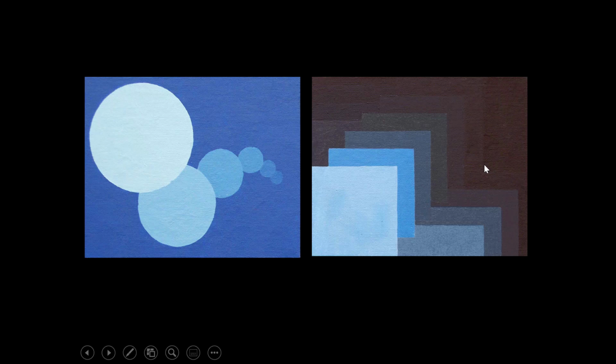This one is one square away from tricking me into thinking that this student actually understands how to control their intensity. But one square gives it away and shows me that what they're actually doing is manipulating value. Because if I look right here, this blue is so much stronger than this blue.